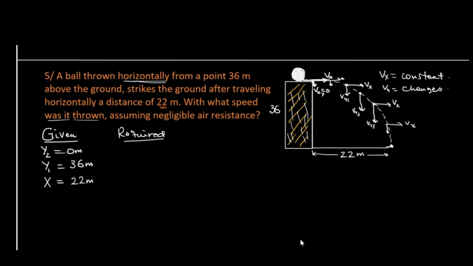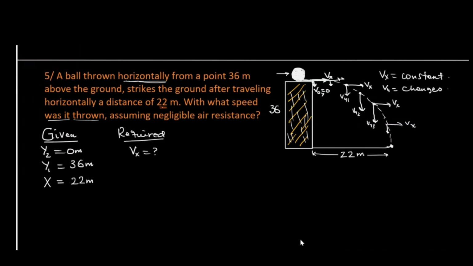That means what was the initial velocity or the initial speed of this one. Well, I don't know that. The initial speed was horizontal, but one thing I know is that it's the same. Initially this was thrown horizontally, so we are looking for the x component of the velocity.